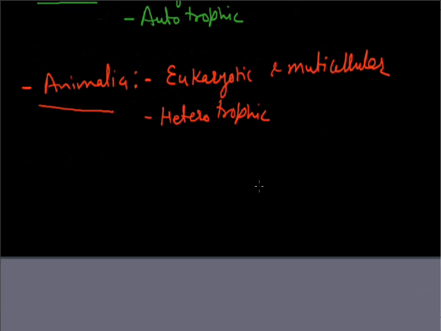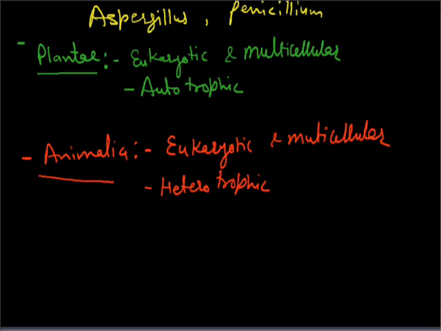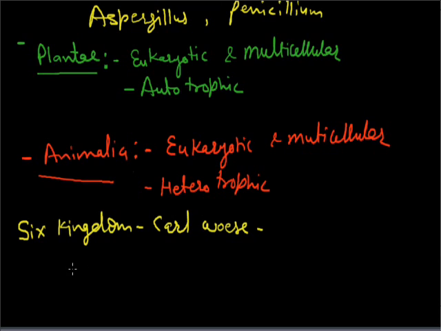And the next classification we call the six kingdom classification, which was given by Carl Woese. In this classification, the Monera group is divided into two subcategories. First, Archaebacteria: the bacteria which are found in extreme conditions, we call Archaebacteria.